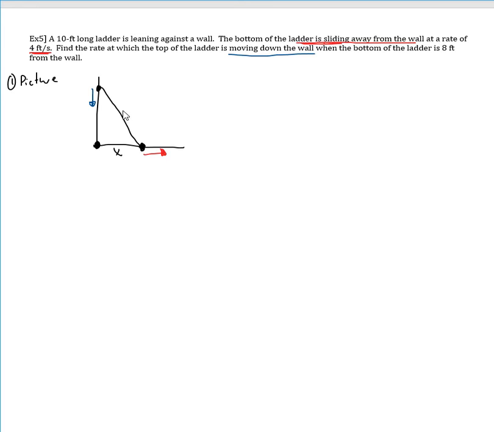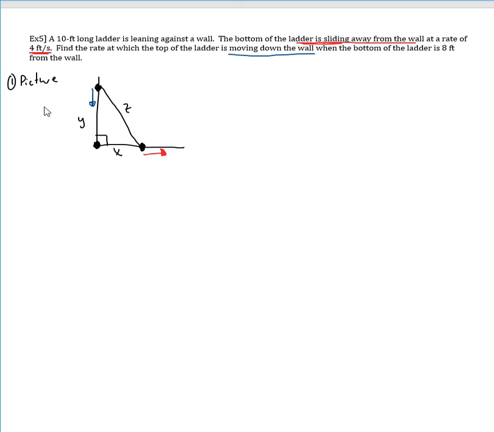From the top of the ladder to the floor, I'm going to call y. And our hypotenuse, so it is a right triangle, or we assume it's a right triangle with the wall being vertical and the floor being horizontal. Our ladder itself is the hypotenuse, but I'm going to label it z.